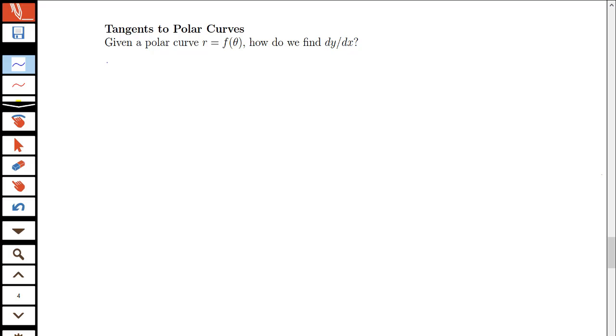Okay, so we said we wanted to write our curve here in parametric form. So recall that when we looked at converting between polar coordinates and rectangular coordinates, we had the conversion that x was equal to r cosine theta and y was equal to r sine theta.